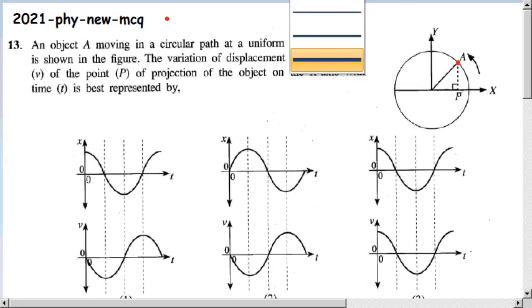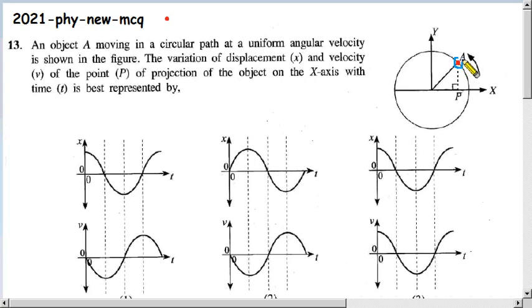Projection. What is the projection? The object is this one. The projection of the object on the x-axis is this point P. You have to draw a perpendicular line from the x-axis to cross this point A, the object A. So if this angle is a right angle, 90 degrees, the crossing point is called P, that is the projection of this object on the x-axis.